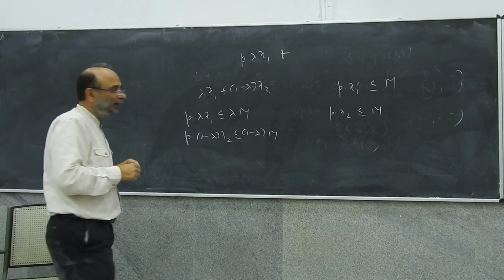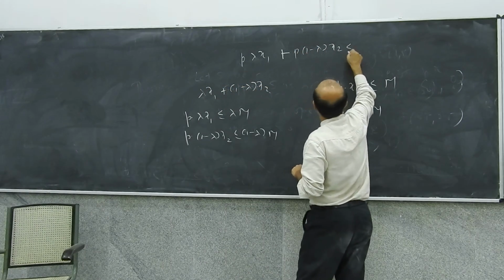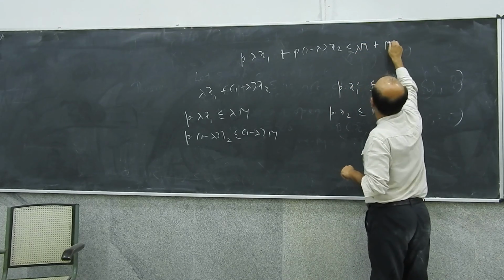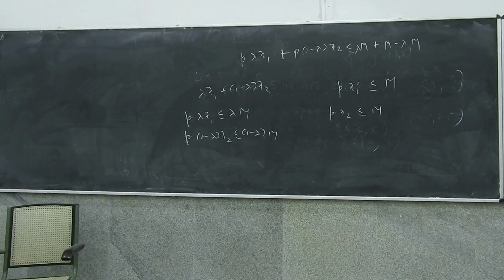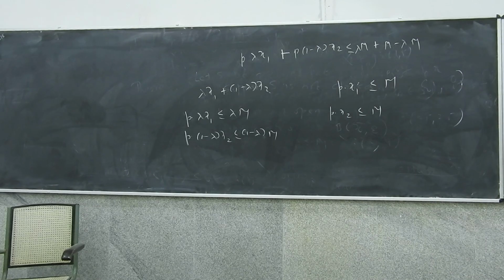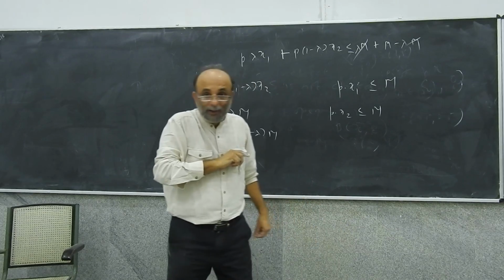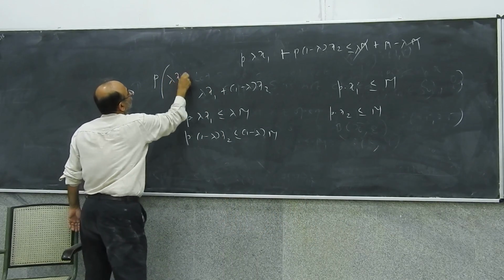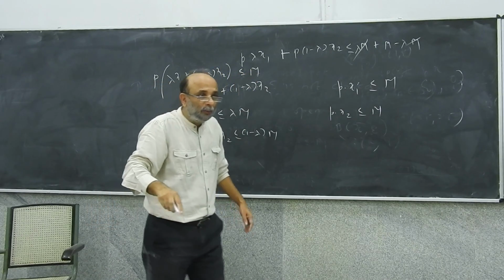This is what I will get. Sure? What will cancel? So this lambda and this lambda will go. Right? So what do I have? I have P into lambda x1 plus 1 minus lambda x2 less than or equal to M.